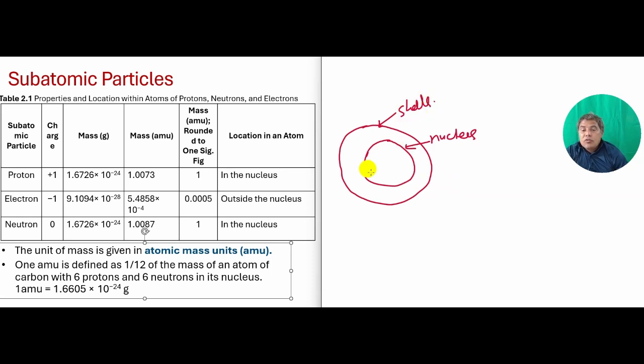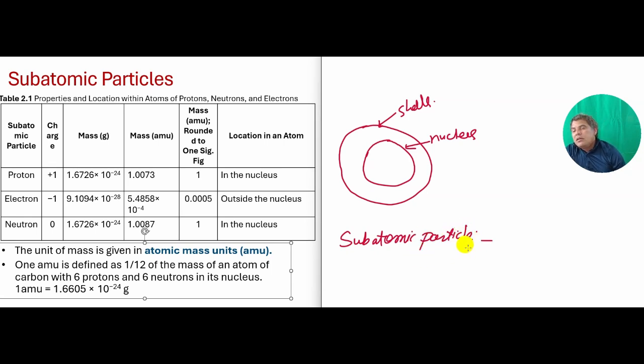Most of the mass is inside the nucleus. The small particles that constitute the atom are said to be subatomic particles.